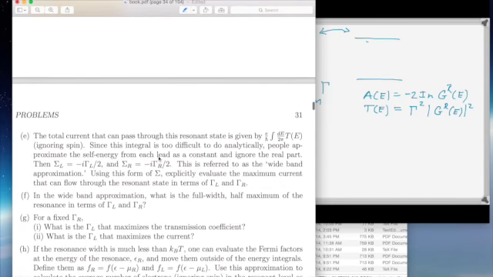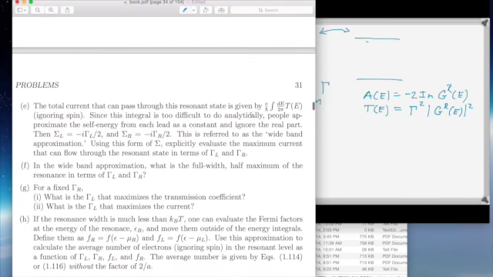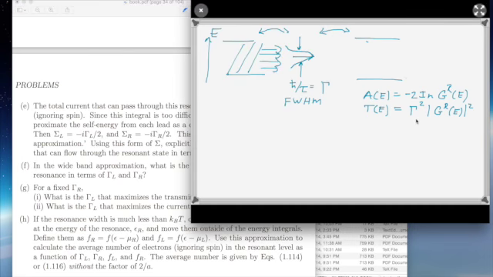So the total current that can pass through this resonant state is given by this. Say all the states on the left are filled and injecting towards your resonant level, and all the states on the right side are empty, so everything can go through.